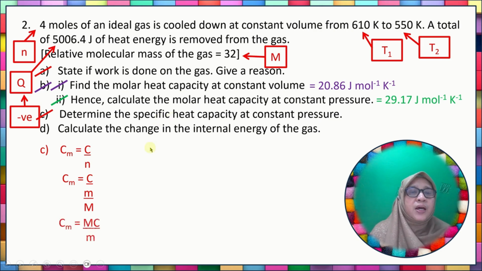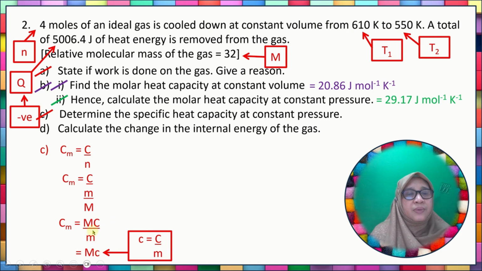Okay, so C_P,m is C over n. Okay, so n is m over molar mass. Then C over m is c. The question asks for specific heat capacity, so we use the small letter.